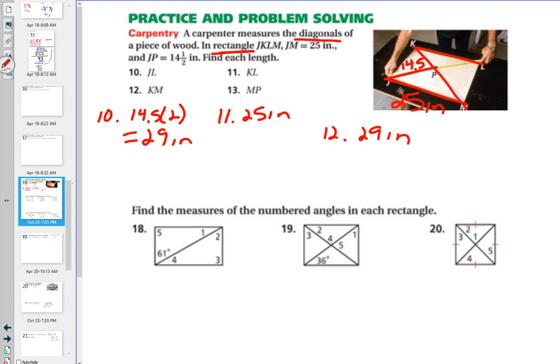That would also be 29 because I already knew that the other diagonal was 29. And then MP is the other half of the diagonal, which is still going to be 14.5 because all the little halves of the diagonal.